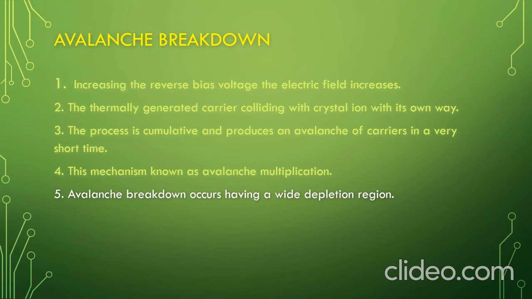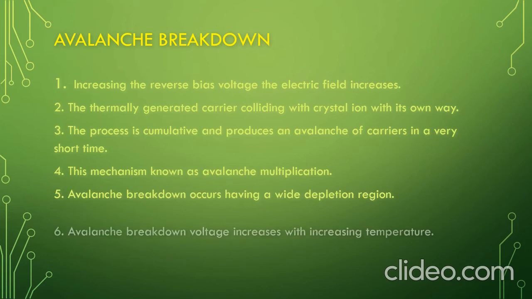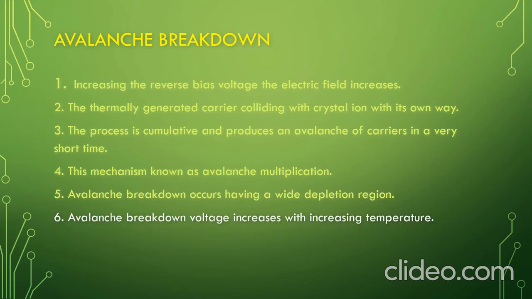So the avalanche breakdown voltage increases with a rise of temperature, and it is higher than 6 volt. So the temperature coefficient of the avalanche breakdown voltage is positive. These 7 points are the important points of the avalanche breakdown process.